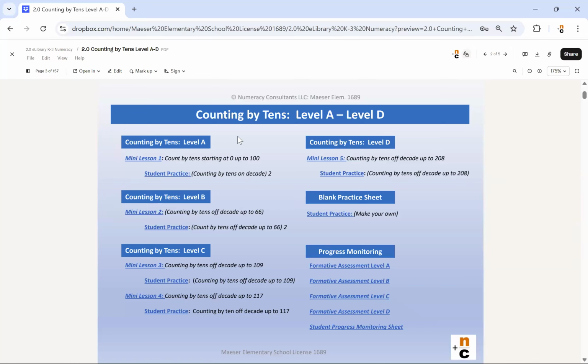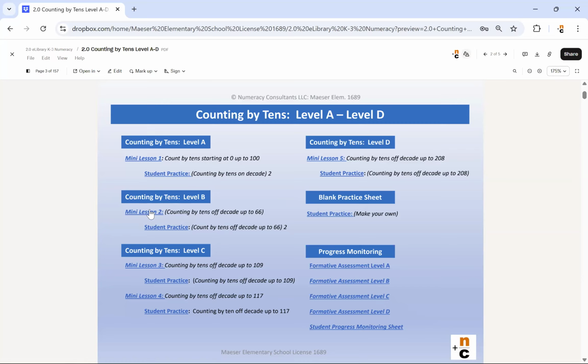You go into whatever area, whether it's counting or addition and subtraction, and look up the student's instructional level. The 2.0 has the levels, gives you the mini lesson, and has student practices connected to it. We'll get into progress monitoring in a little bit.